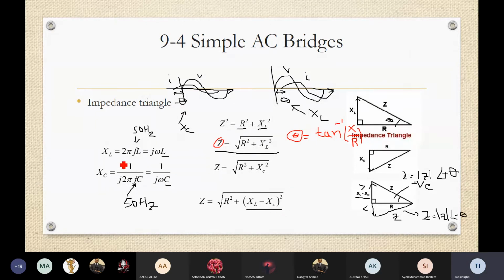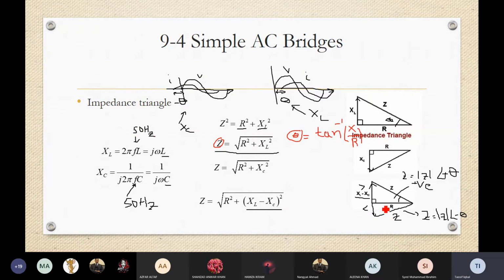As we know, inductive reactance is 2 pi FL, so j omega L, whereas XC is 1 by j omega C or j 2 pi FC, where F is the source or supply frequency, that usually for us is 50 Hertz, and for Europe and some countries that is 60 Hertz.